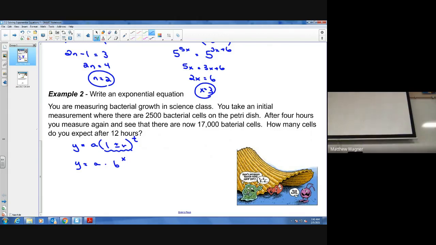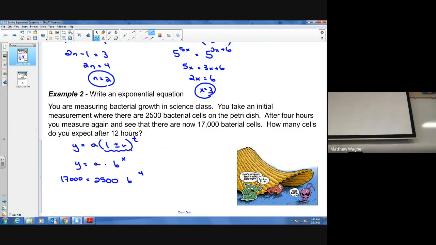So we take an initial measurement where there's 2,500 cells. So just like yesterday, A is going to be our starting amount, right? After 4 hours, there are 17,000 cells. The question is, do I know my growth rate? No. So this is what I need to solve in this case.